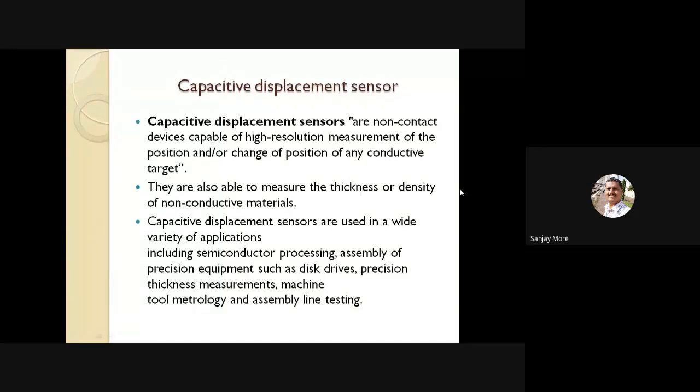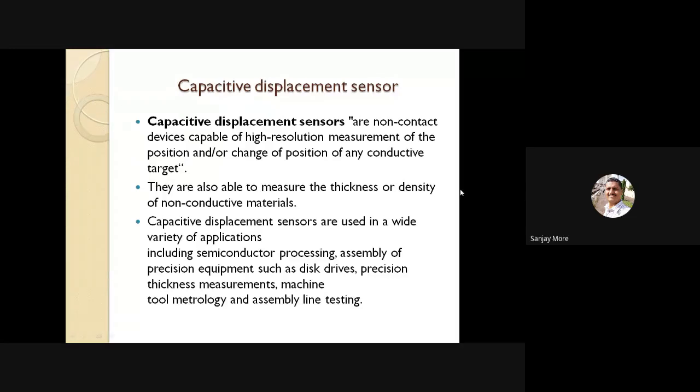Okay. So in displacement sensors, there is a wide variety of applications, including the manufacture of precision equipment, means where accuracy is required, like disk drives.